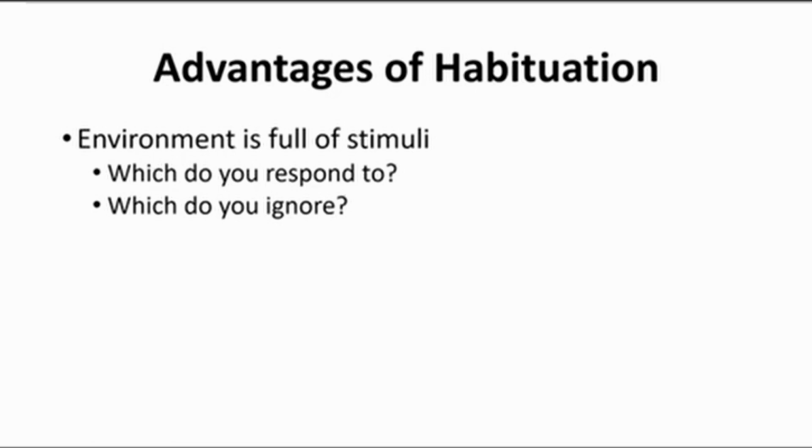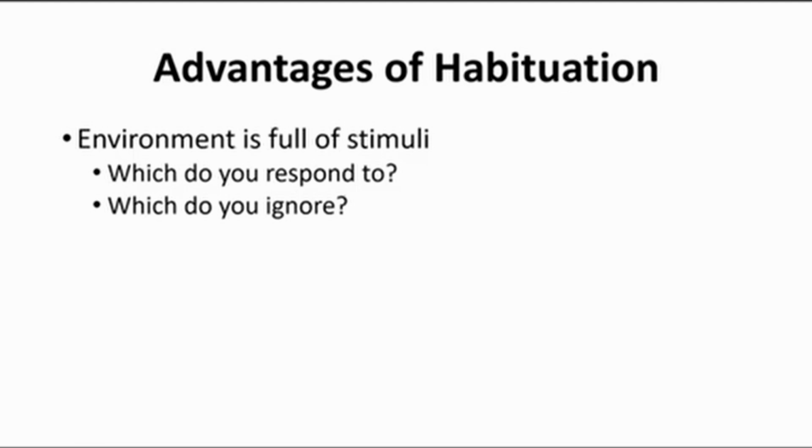Same as if you live on the edge of a babbling brook and there's constantly water sounds. You know where the brook is. You don't need that sound to help you find water. That sound is always there. So instead of wasting energy attending to and responding to a sound that's always there, it would be better to habituate to it to save the energy and ignore that particular stimulus.